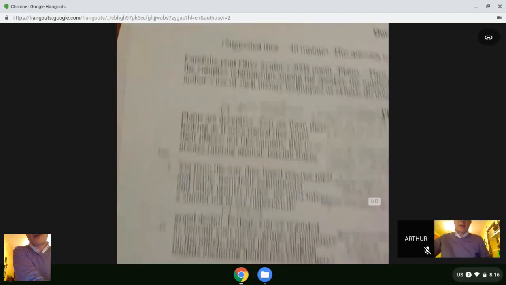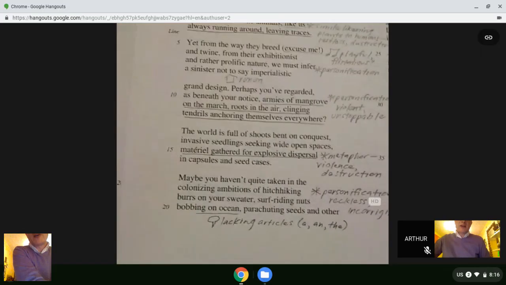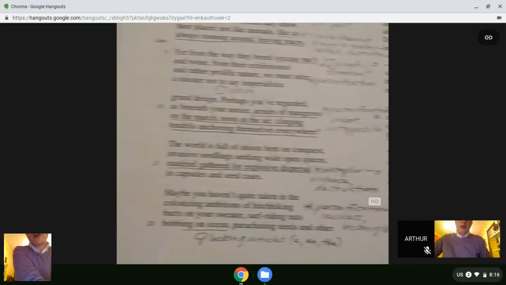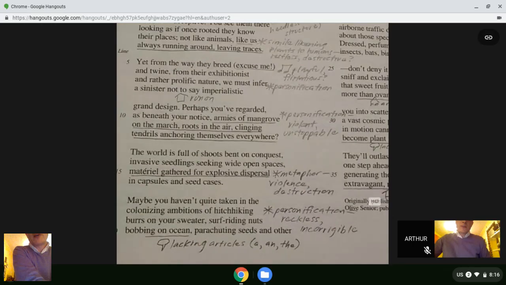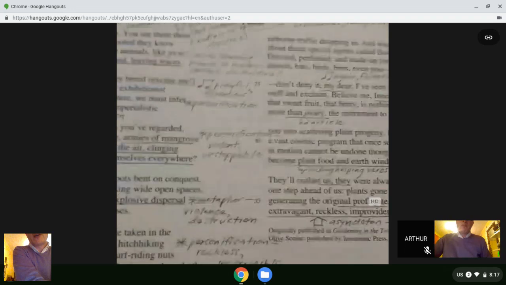Further down, violent, violence, recklessness, and incorrigible. So there are pretty strong personal qualities being assigned to these plants. Actually, over here, manipulative and seductive. So a lot of stuff there.